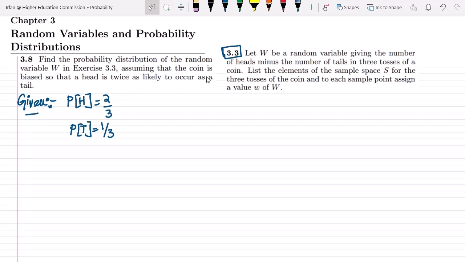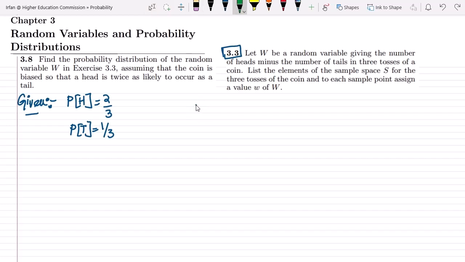Apart from it, let me recall question 3.3, in which w is a random variable giving the number of heads minus the number of tails in 3 tosses of a coin. So we have 3 tosses of a coin, so let me write the event first. Let me use another color here.